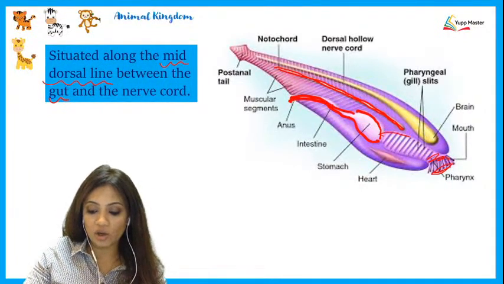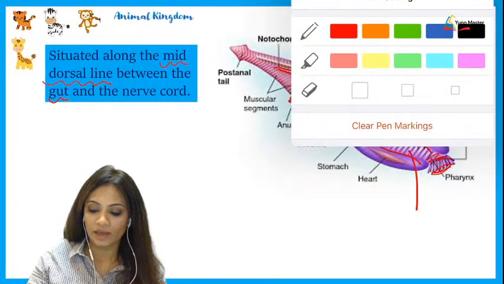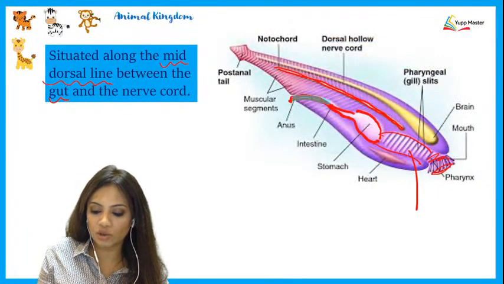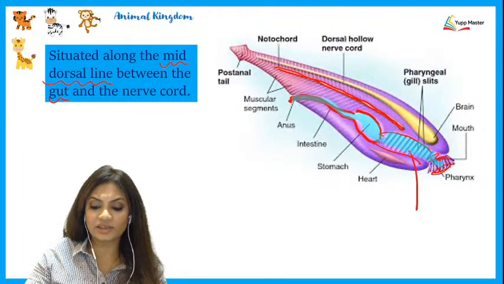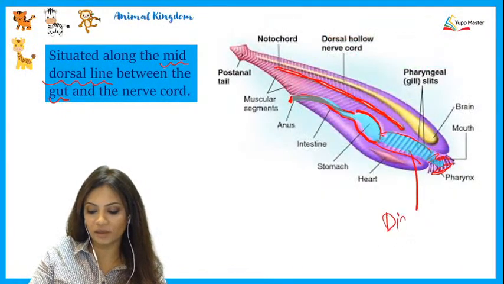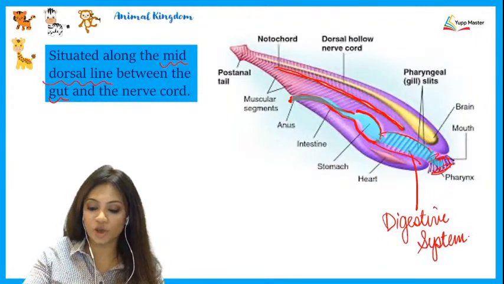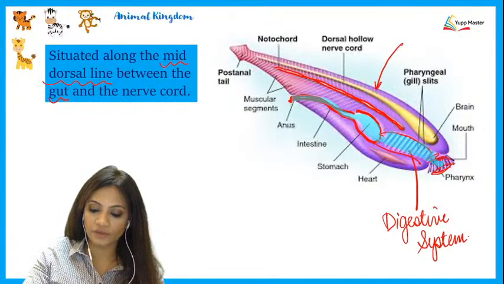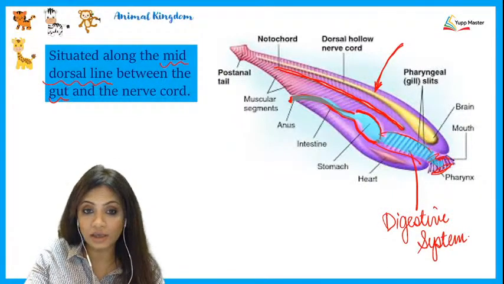I'm going to label this whole structure as the digestive system. So below we have the digestive system, and on top, the yellow color structure that you're finding here, that is the nerve cord.